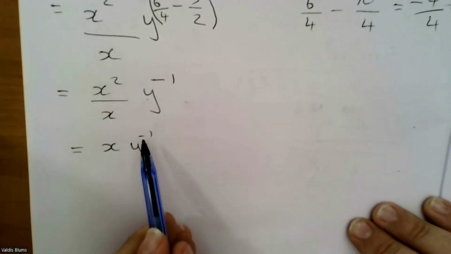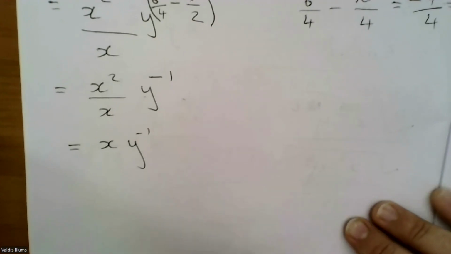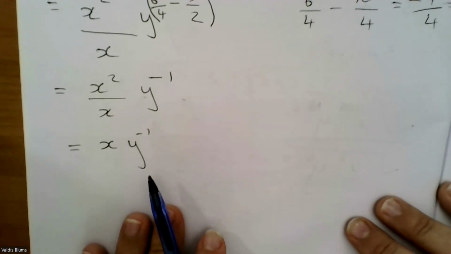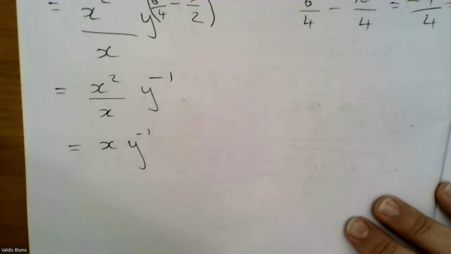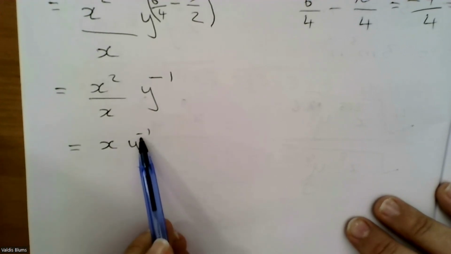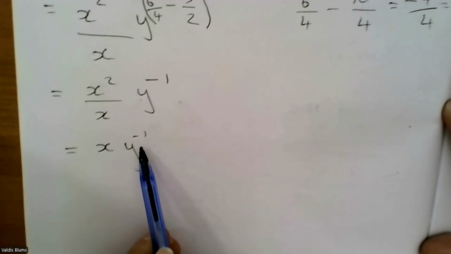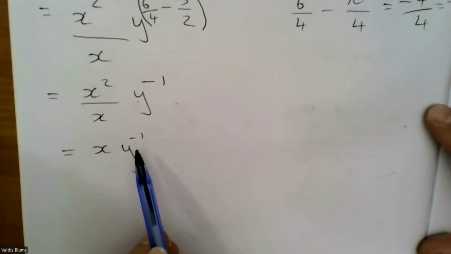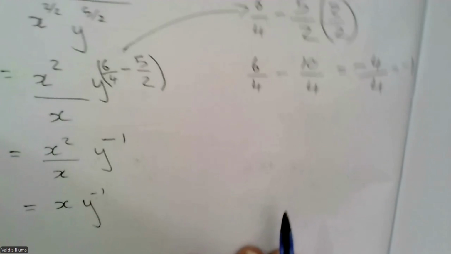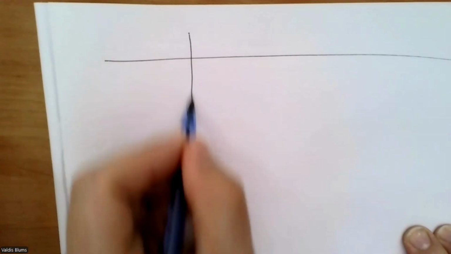Now, what is meant by negative in the power? So let's just go through and try and explain what's happening there, seeing as we want to give our answer as positive indices. Now, I'm just going to take a side step here to explain this, and then we'll come back to that question. Let's say you've got your tens columns back from primary school.